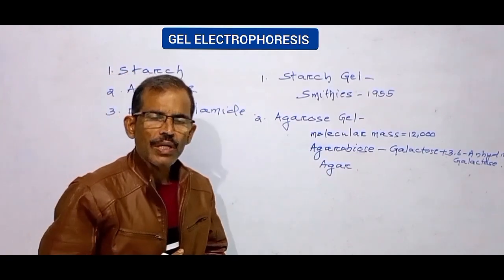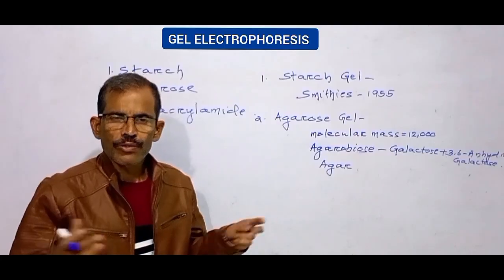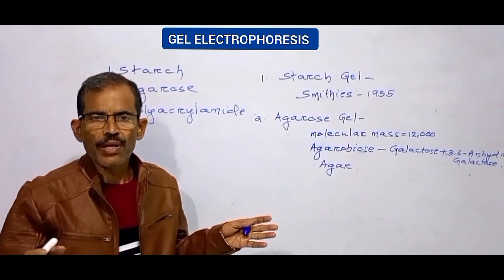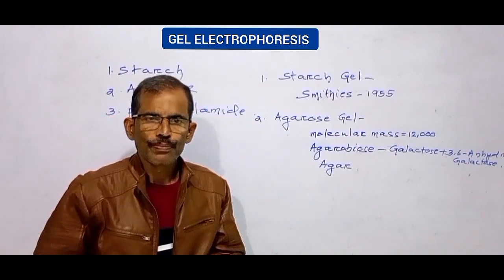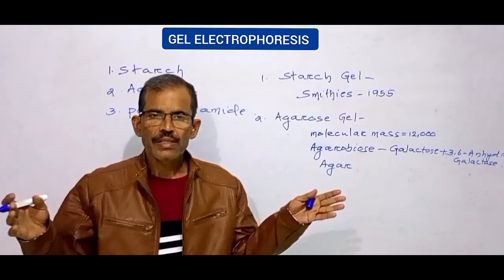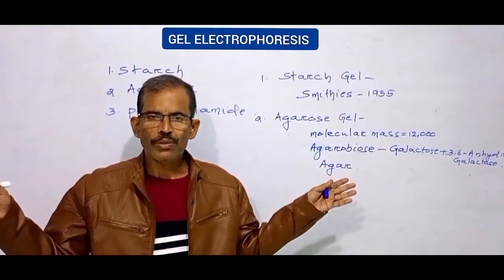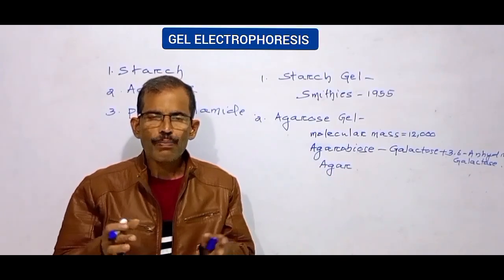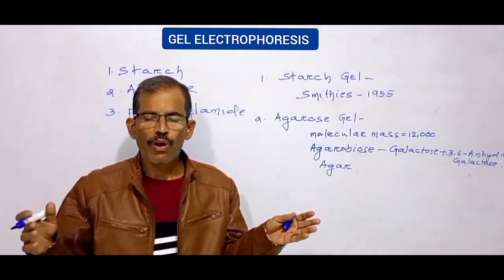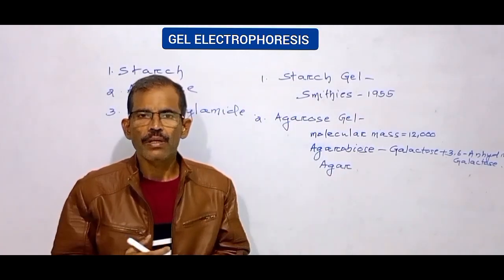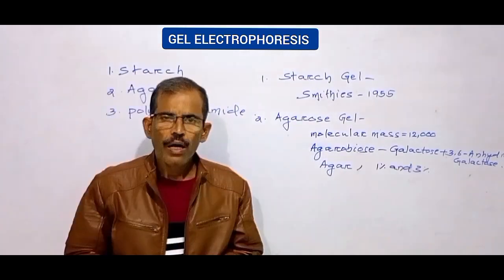The porosity of agarose gel is controlled by the initial concentration of agarose. Large pore sizes are formed from low concentration, whereas small pore sizes are formed from high concentration of agarose.